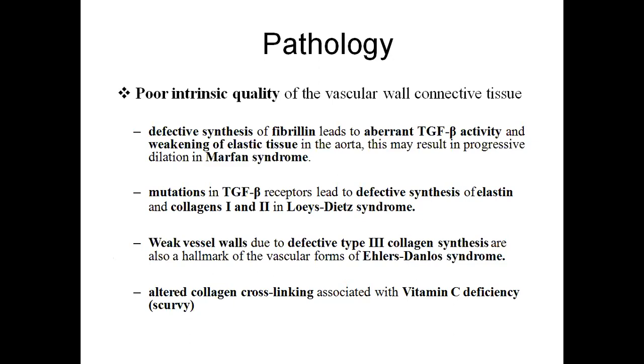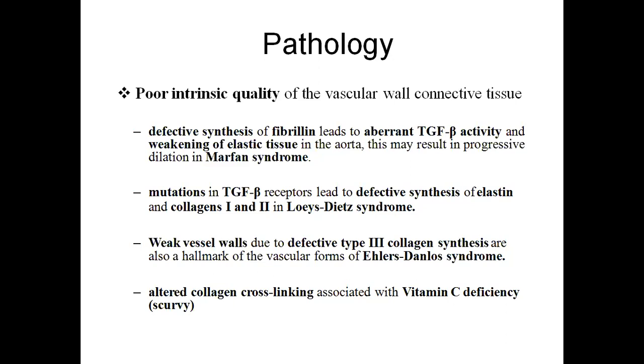Now let us have a description of the poor intrinsic quality of the vessel wall and why is it so. Defective synthesis of fibrillin leads to aberrant TGF-beta activity and weakening of elastic tissue of aorta. This may result in progressive dilatation in Marfan syndrome.